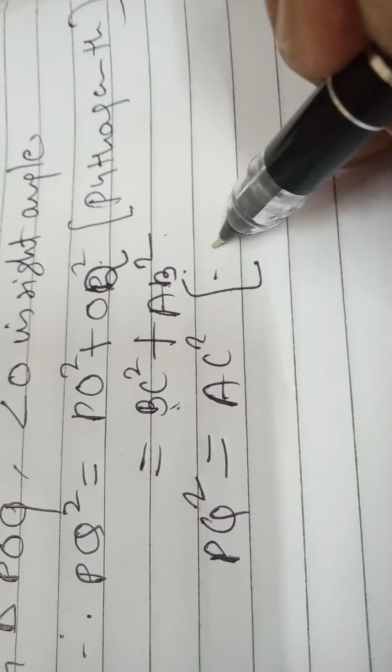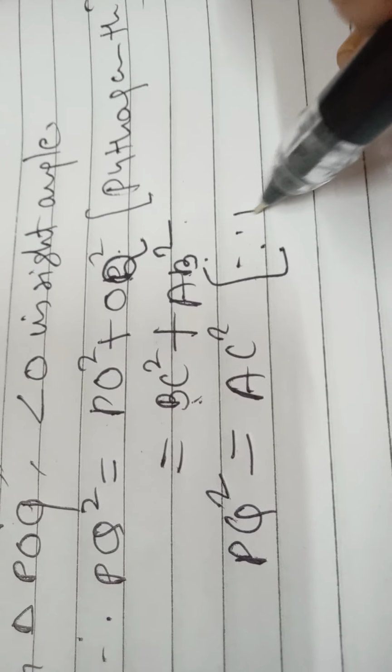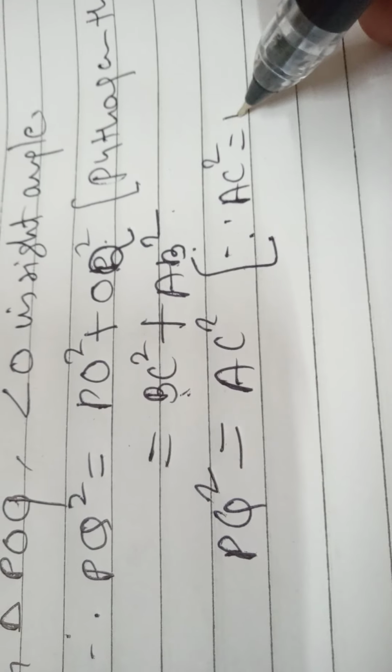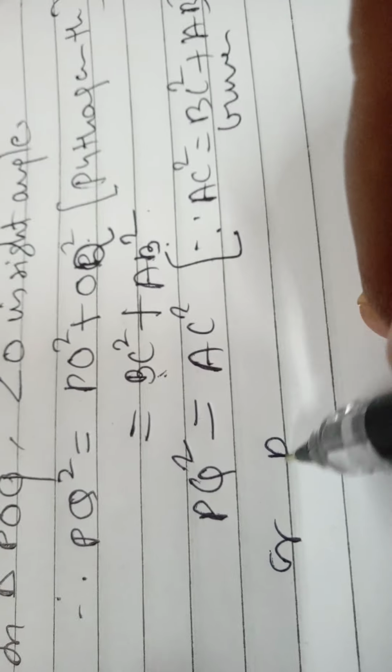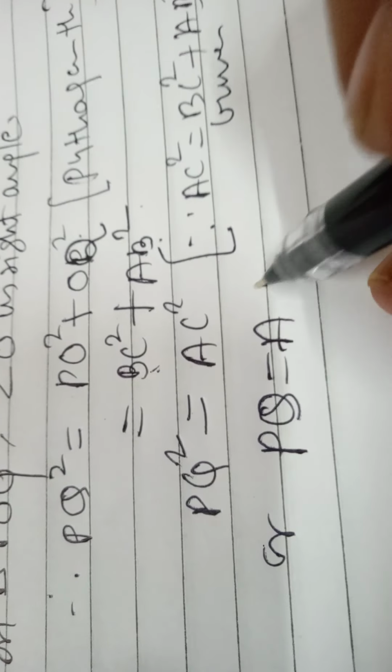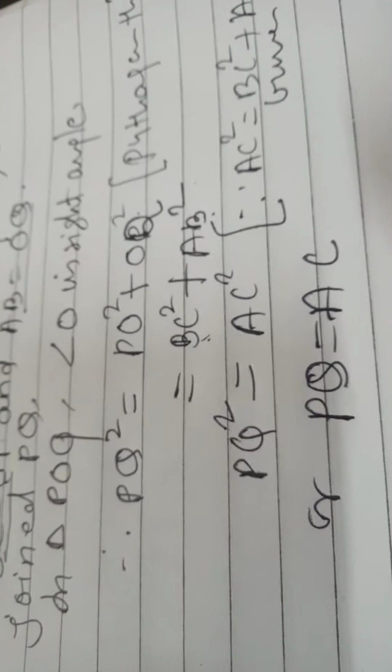So I will write PQ square is equal to AC square, since AC square is equal to BC square plus AB square. It is given. So PQ square is equal to AC square, or you can write PQ is equal to AC. So now for the two triangles we have the three conditions.